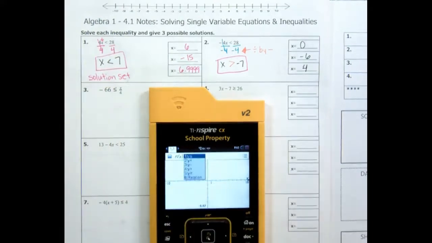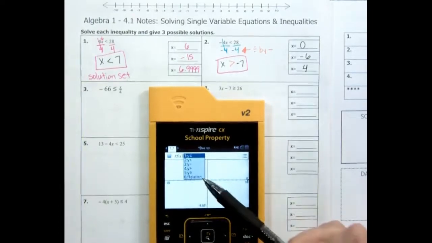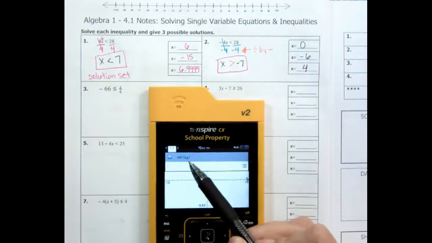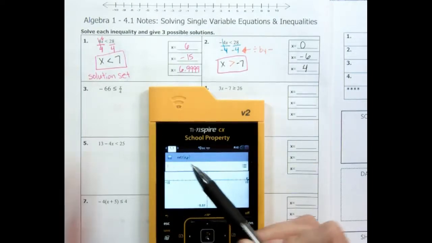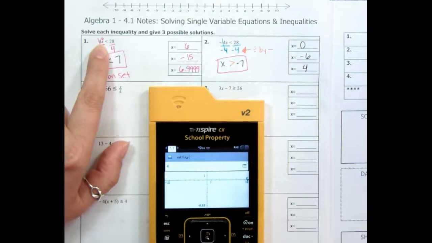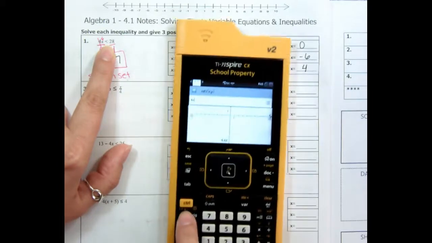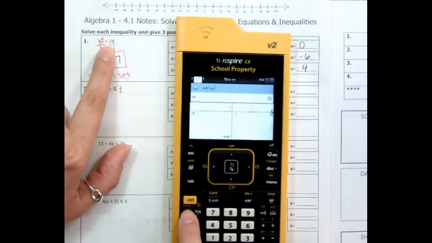So I need to delete that equal sign, and then I need to pick option 6 right here, which is relation. Now I can type in anything that uses an x or a y. So this says 4x is less than, and your inequality symbols are right here above the equal sign. You can see them right there, so you have to hit Control equal sign, and I want to pick the less than 28.